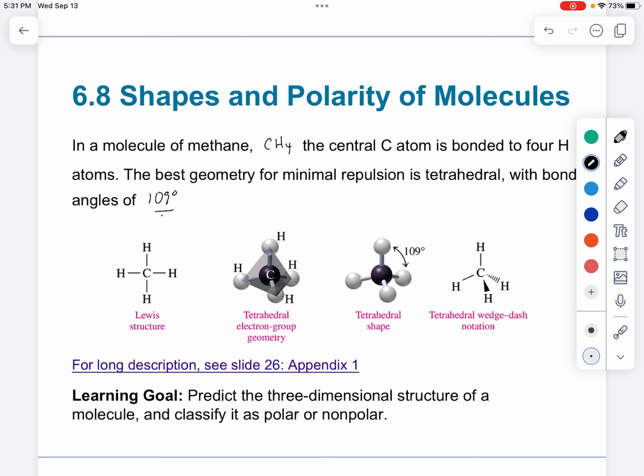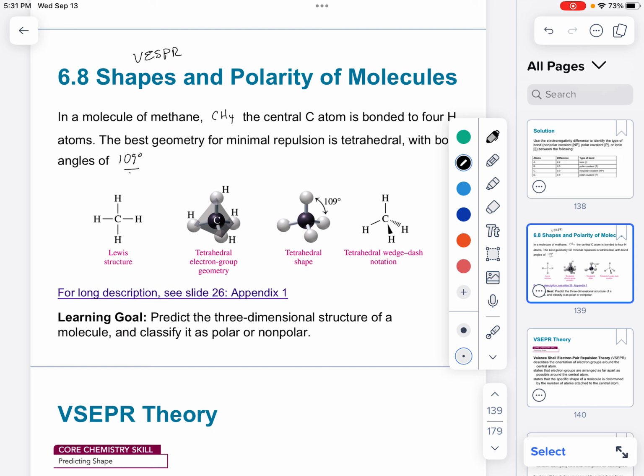So basically, when we are looking at shapes, it is called VSEPR, valence shell electron pair repulsion. What you're going to do is basically look at the number of things coming off a central atom and determining what geometry will give you the biggest separation.